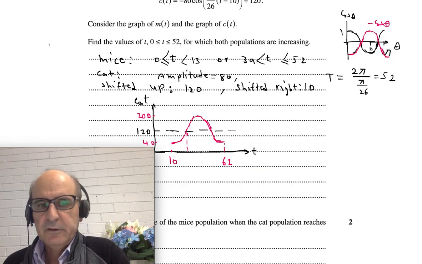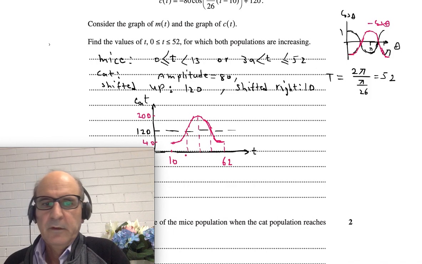Either your function hits the mean line, or becomes a maximum, or a minimum. So 52 divided by 4 is 13. Each one of these is 13. So 10 plus 13 is 23. And 23 plus 13 is 36. 36 and 13 is 49.